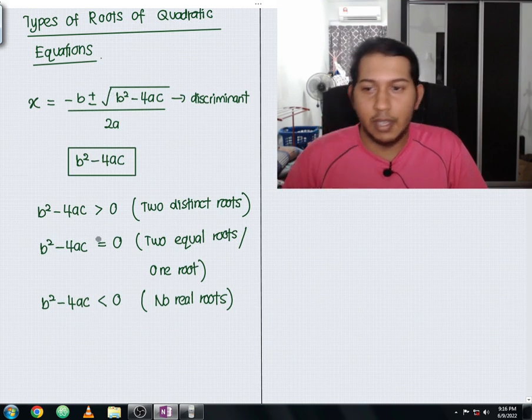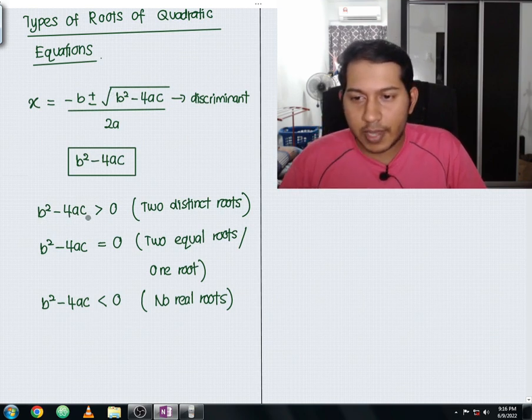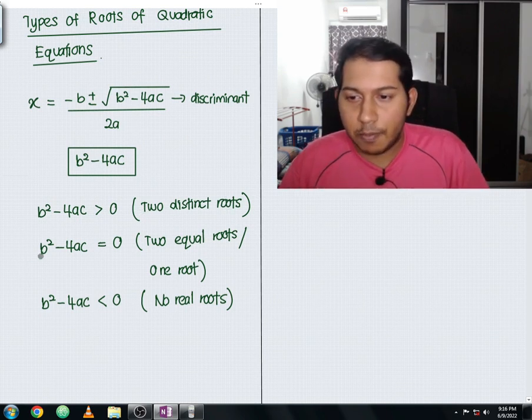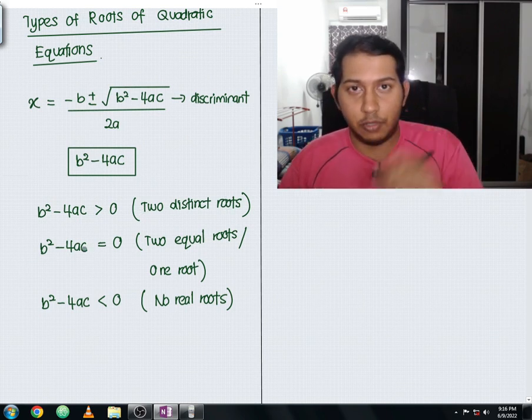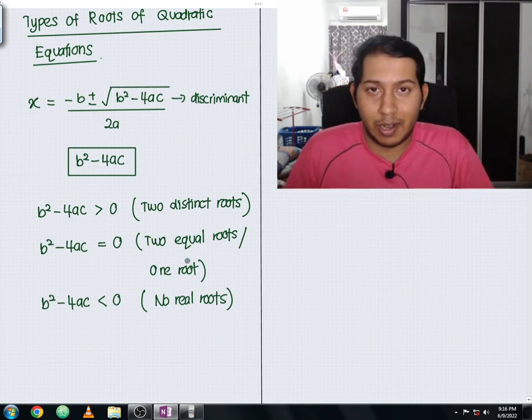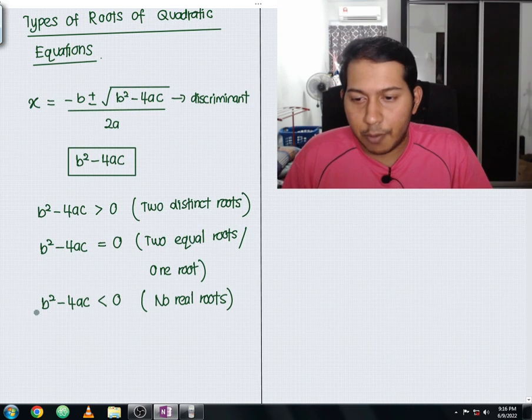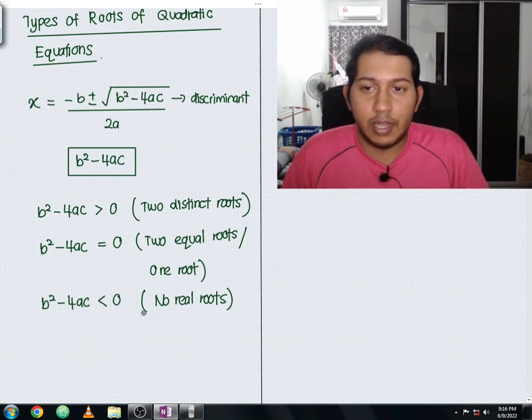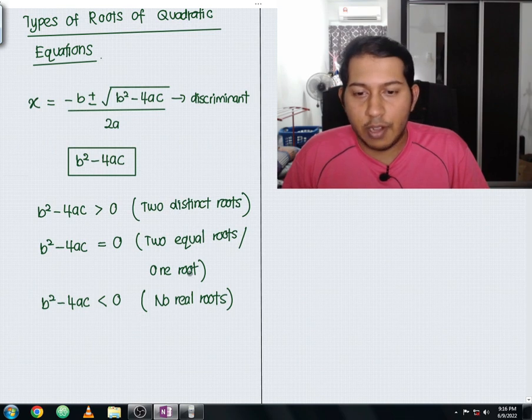You have three types. When your b squared minus 4ac is more than 0, we have two distinct roots. When it equals 0, you have two equal roots, or sometimes we call it one root. But when it becomes less than 0, you have no real roots. Why no real roots?